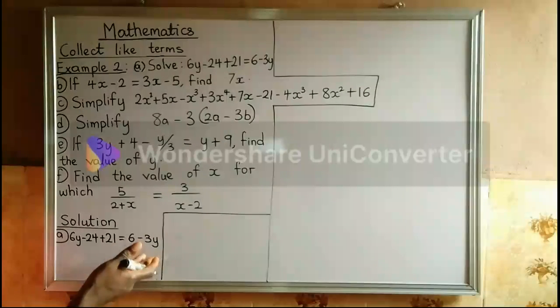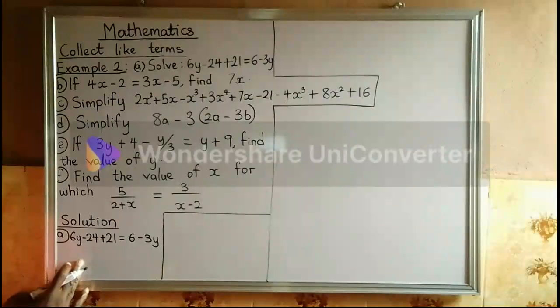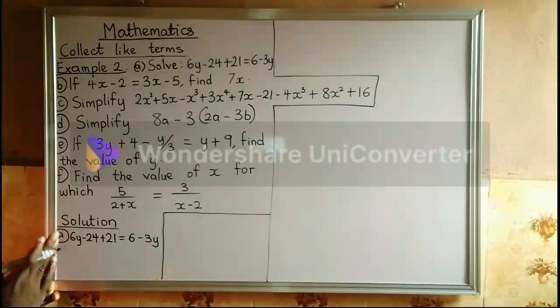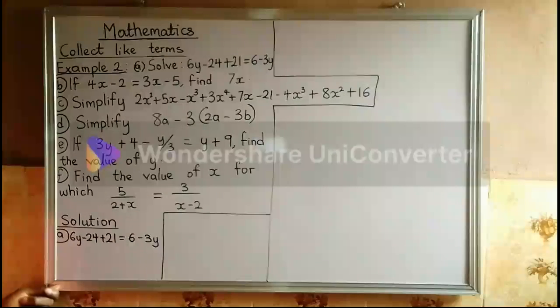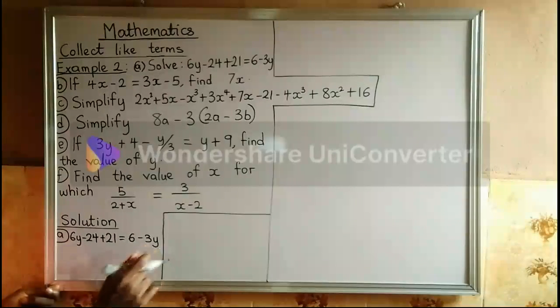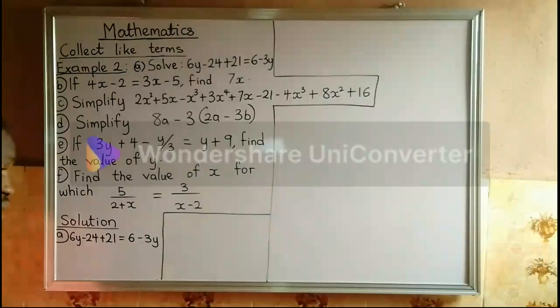Obviously the variable we are finding here is y, and to divide both sides by something, the term containing the variable we are looking for has to be on one side and every other term on the other side. We have 6y here, we have 3y here. These are the terms containing the variable y we are looking for. So of course we can't divide both sides by anything here.